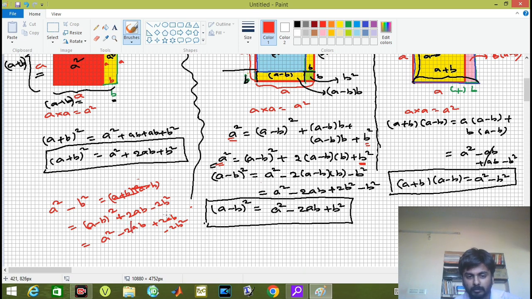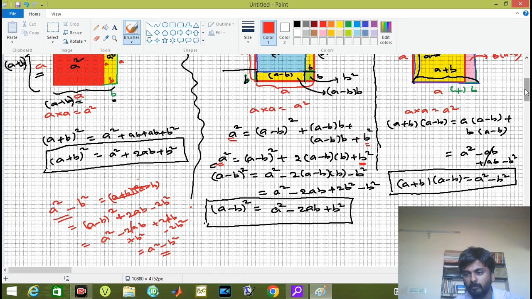These two will get cancelled. Here you will have another B square. So it is A square minus B square. In the left hand side also you are having the same A square minus B square, and in the right hand side also the same. So it is not possible to derive the third identity from the second figure.